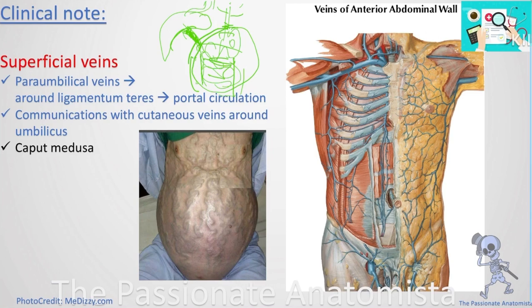In some areas, guys, there is a communication between the veins draining into the portal vein and those draining into the caval system. One of these regions, guys, is the umbilical region.